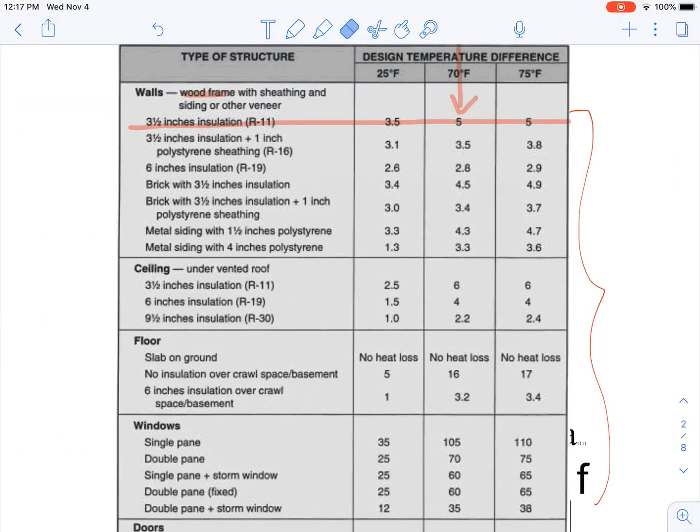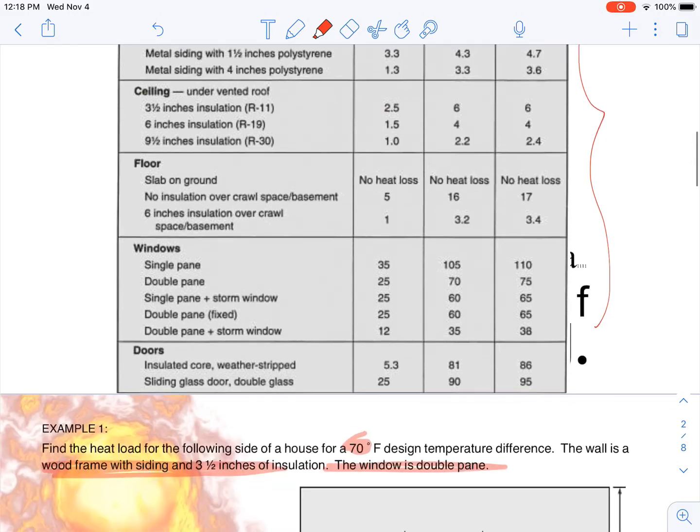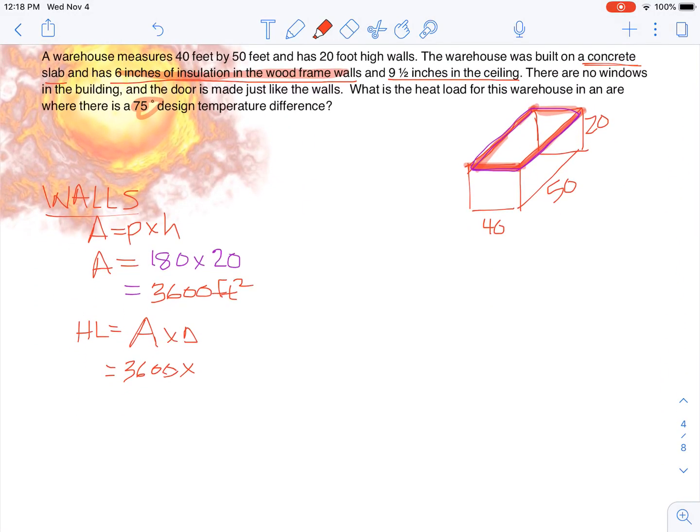So 6 inches of insulation would put me right here with the 75-degree temperature difference. Then our coefficient of change is 2.9. 3,600 times 2.9 is 10,440 BTUs lost in that hour.